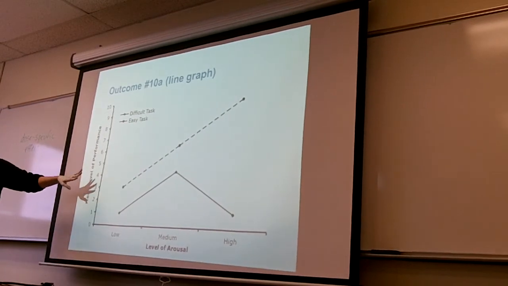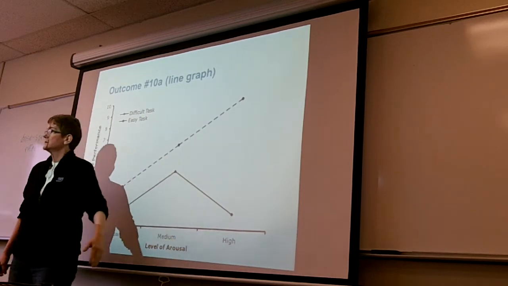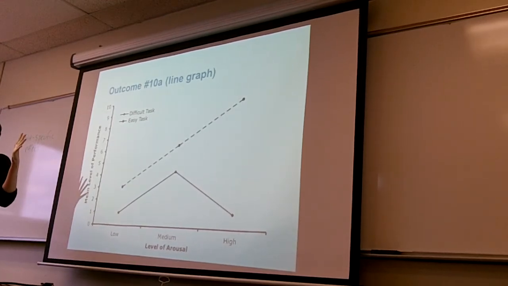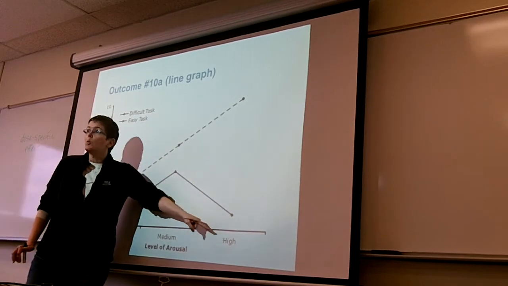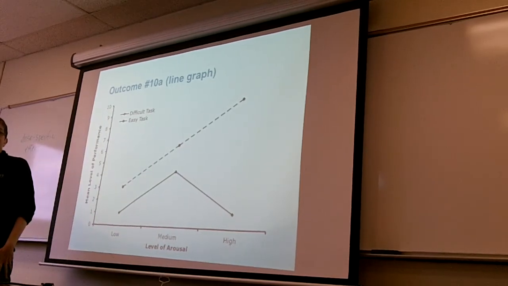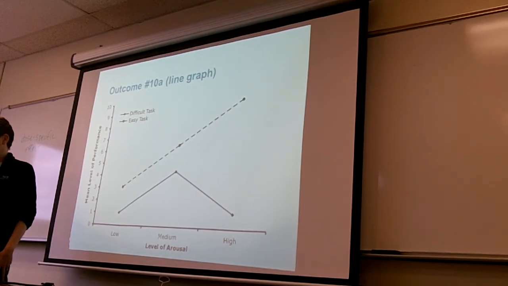But we see a really clear difference in how people respond to easy tasks and difficult tasks. Okay? Yes, it's true that the more alert you are, the better you do when you're doing something easy. But when you're doing something hard, you actually get an interaction where it becomes harder to do difficult tasks when you are too stimulated.